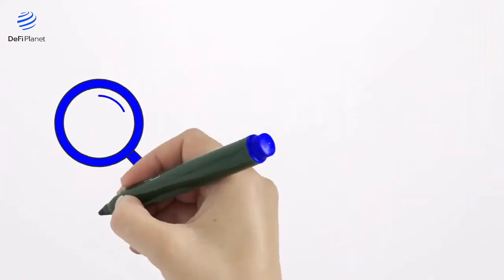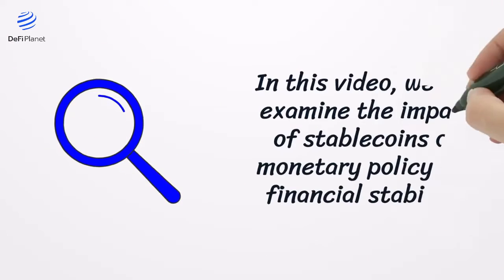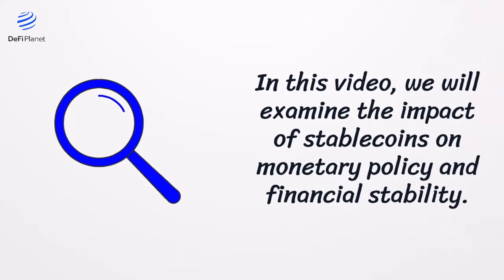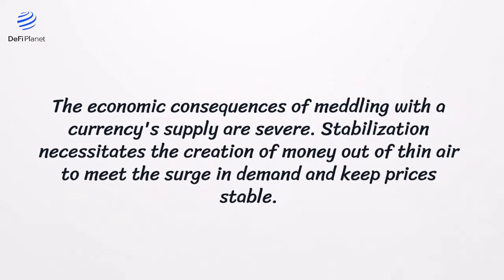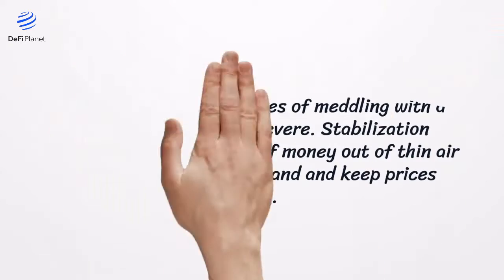In this video, we will examine the impact of stablecoins on monetary policy and financial stability. The economic consequences of meddling with a currency's supply are severe. Stabilization necessitates the creation of money out of thin air to meet the surge in demand and keep prices stable.